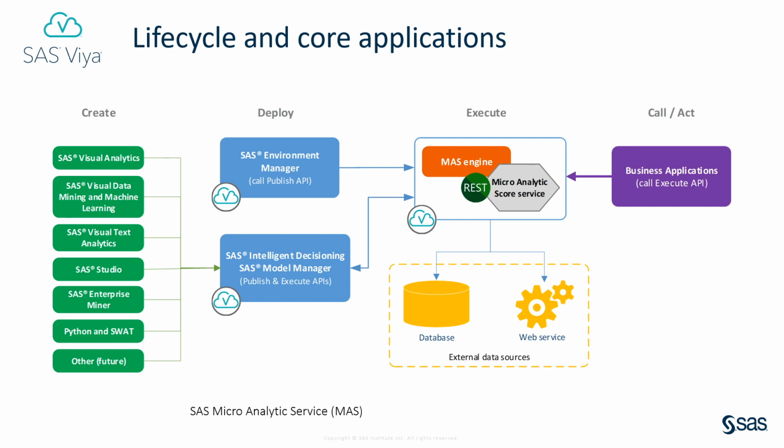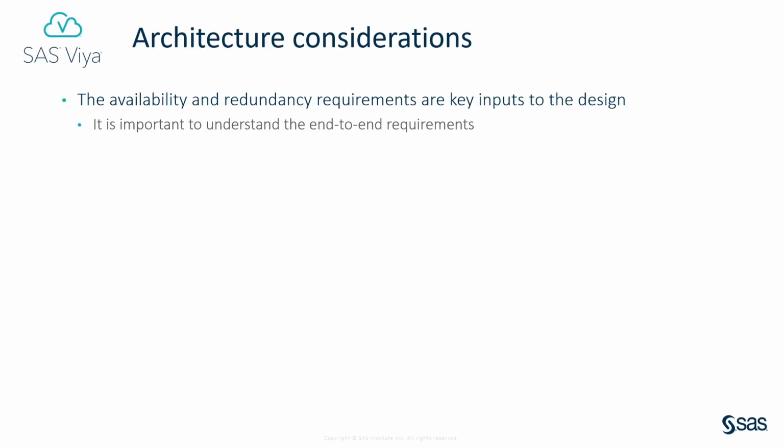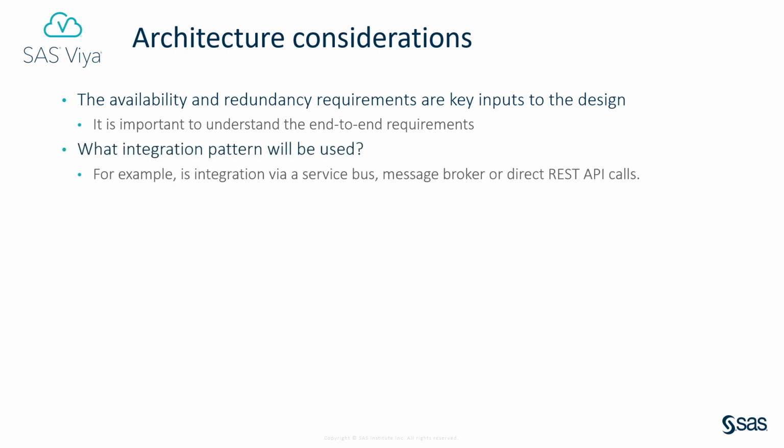Now let us discuss some architecture considerations for implementing real-time analytics. The availability and redundancy requirements are key inputs into the design. It is important to understand the end-to-end requirements and not just focus on the SAS components. For example, what integration pattern will be used?